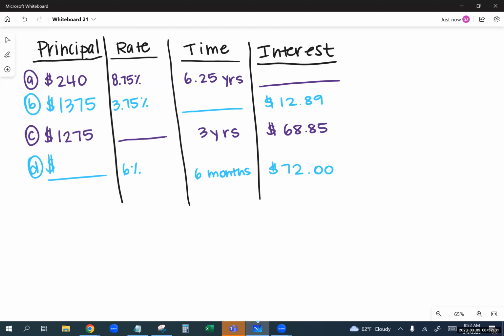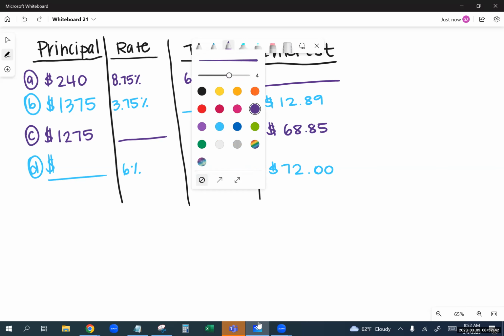Okay, so for A, I'm going to use that formula that I have. I'm trying to make it to where I can be zoomed out, but my marker not be super thin.